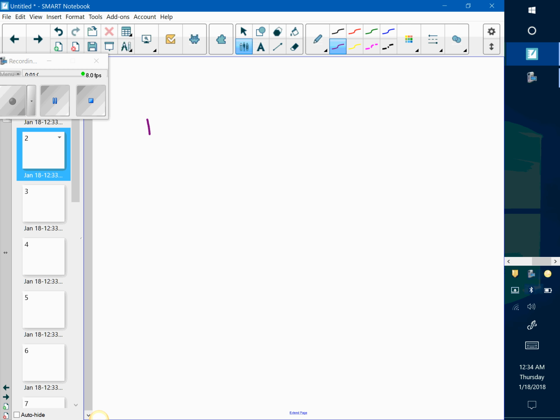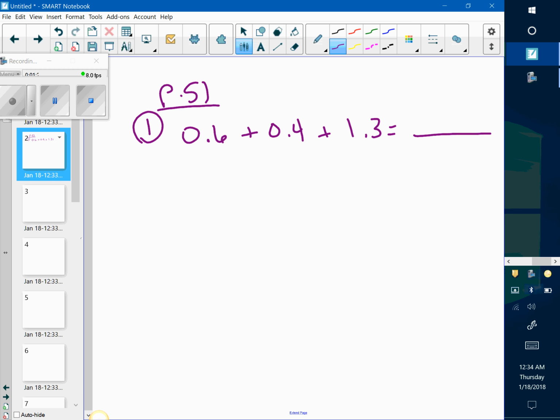Number 1, this is on page 51. It says add the following decimal fractions: 0.6 plus 0.4 plus 1.3. Of course, you can use your calculator to punch those in.